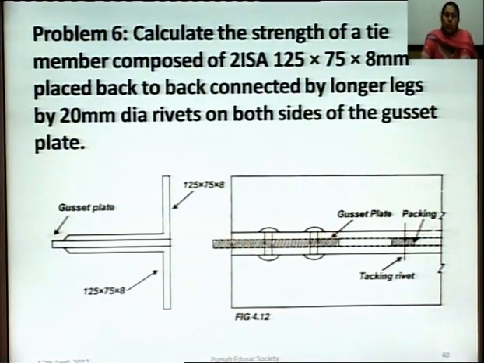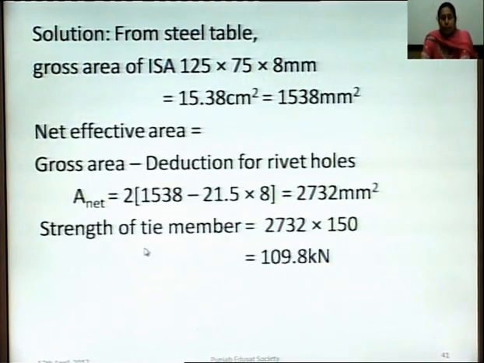So, the next case is when the double angles are placed on both sides of a gusset plate. So, we have two angles of size 125 into 75 into 8. These are placed on both sides of a gusset plate. In this case, the net effective area is simply given as gross area minus deduction for rivet hole.